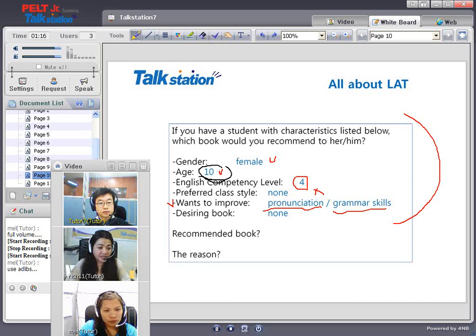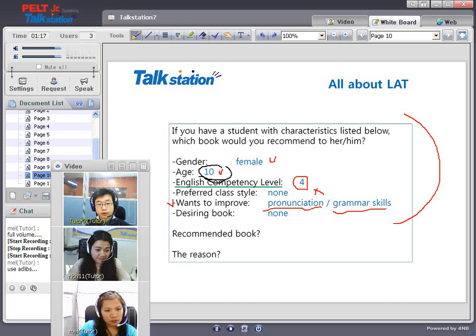Some children, although already 10 years old, are at a beginner level, but some children have already studied in academies, like the English academies in Korea, so they have different levels. Some are beginners and some are high beginners. So I may recommend the same book again, but put it at a second or third level.